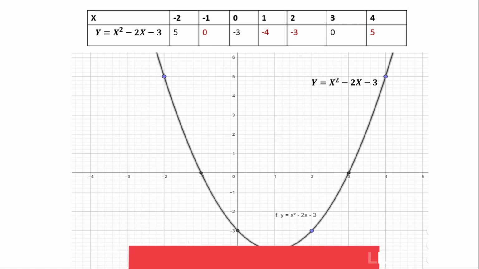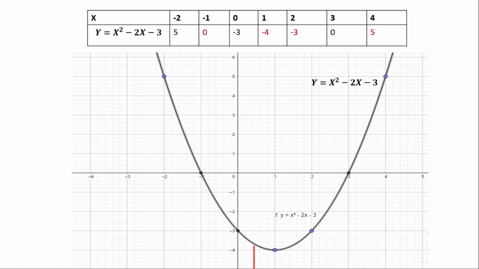So the graph of f of x equals x squared minus 2x minus 3, and this is the curve you have.